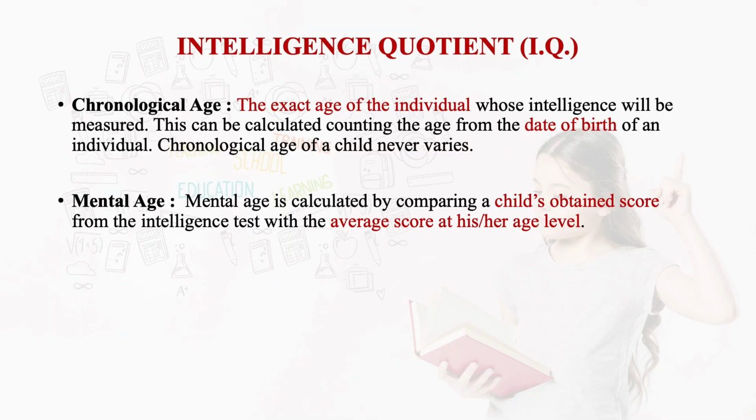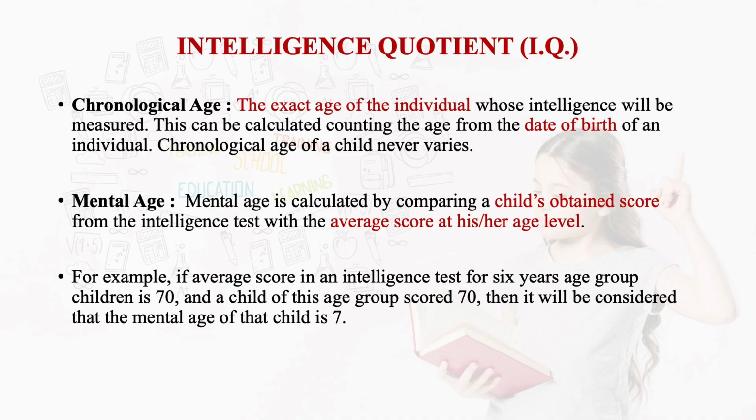But mental age varies. Mental age is calculated by comparing a child's obtained score from the intelligence test with the average score at his or her age level. Suppose you have administered an intelligence test for 14-year-old students. What should be the average?